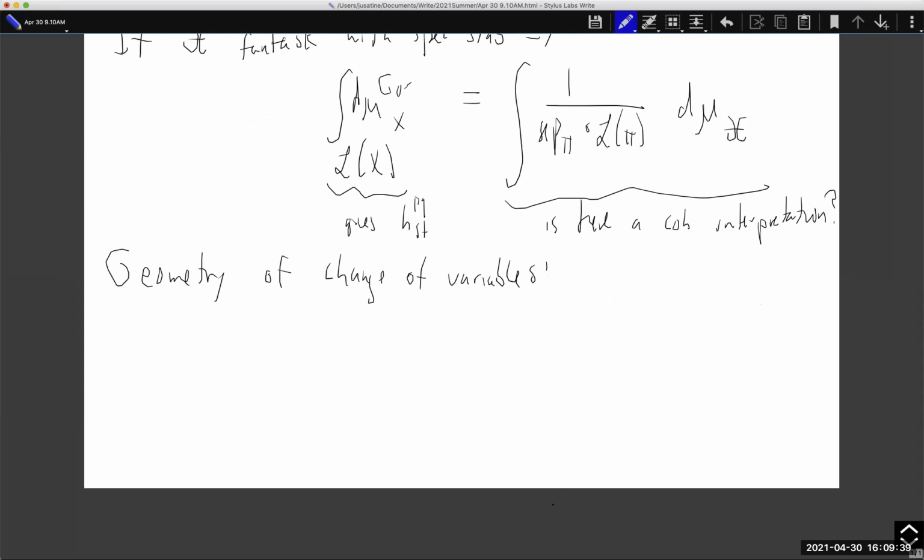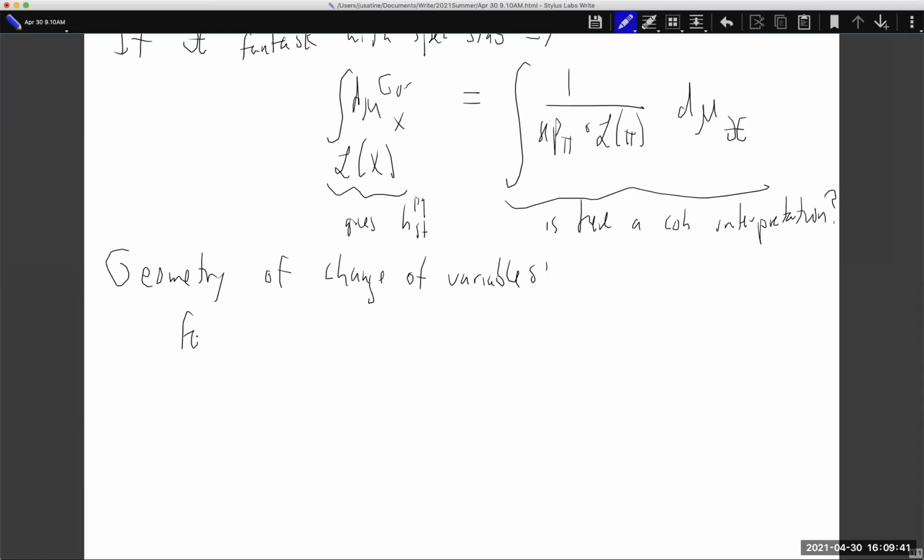So first of all, I should say, for just the case of schemes, what is the geometry of a change of variables formula? Well, maybe I have some birational modification or a resolution of singularities.